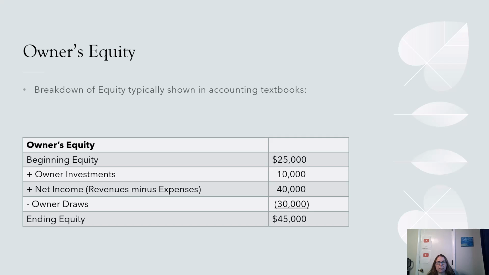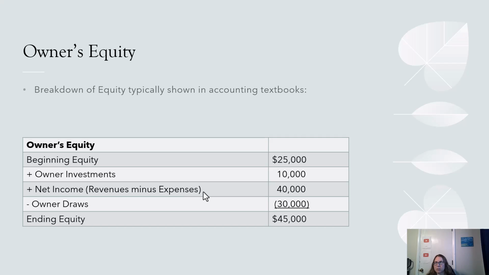So basically, in a textbook format, you would learn that you take your beginning equity at the beginning of the period, add any additional owner investments that happen during the period, and owners can invest property, they can invest cash, and things like that. It doesn't necessarily have to only be money. And then you would add any net income, which is just revenues minus expenses.